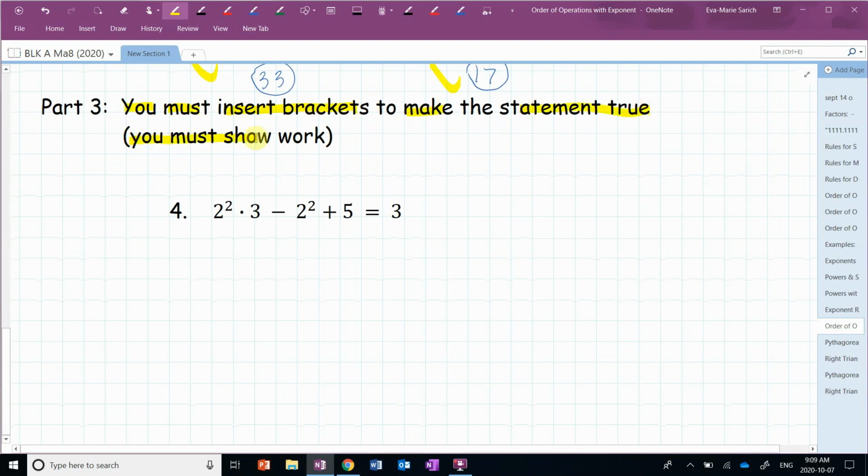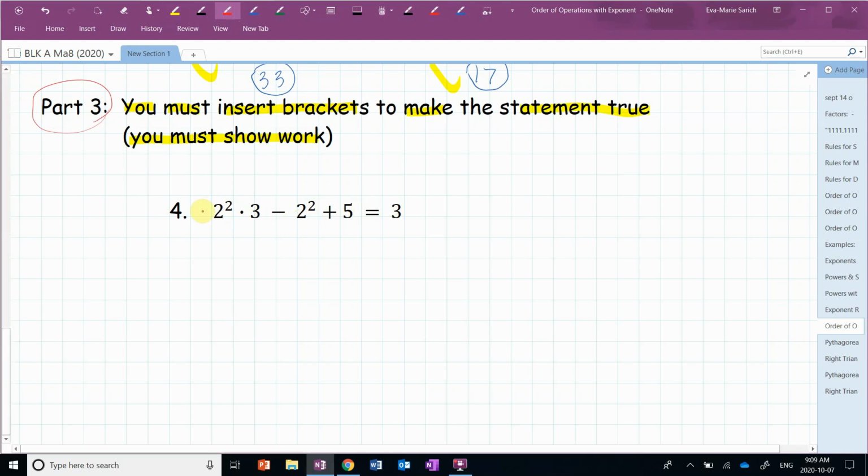Again, you need to show your work for this. So let me show you what I mean. This question says 2 squared times 3 minus 2 squared plus 5 should equal 3. All the questions in part 3 of the assignment will not work out true as they are. They need a bracket inserted to change the order.